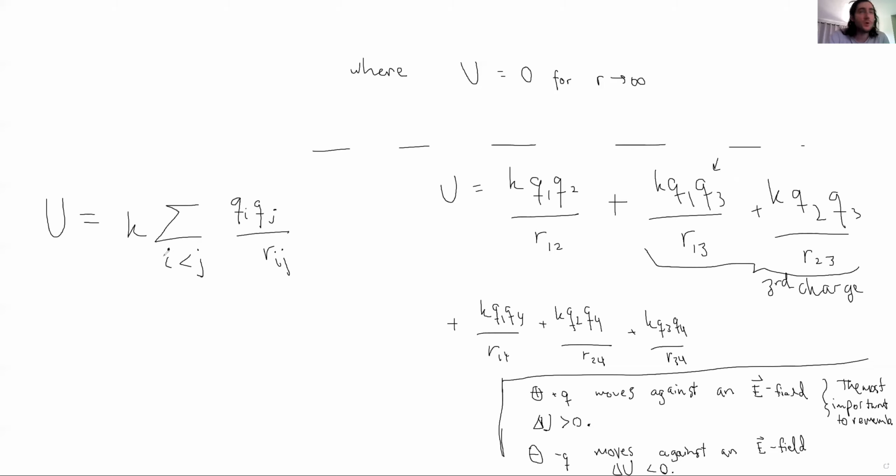Well, if j is 2, then i can also be 1, right? So you first plug in j equals 2. So you're going to have a 2 here, an r sub i2. And then you're going to sum over i up to 1 less than j. So the meaning of this summation then is that first we look at j. So j is going to run from 1 up to some number n.